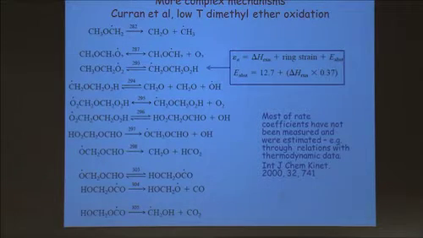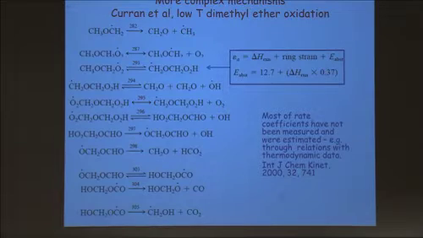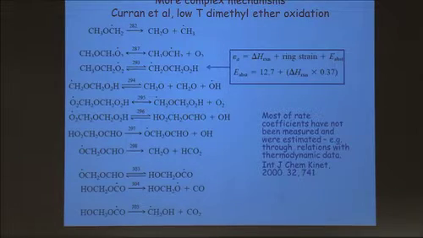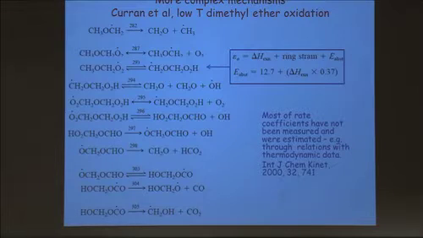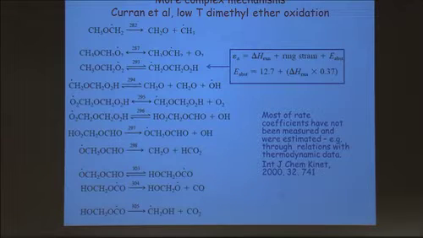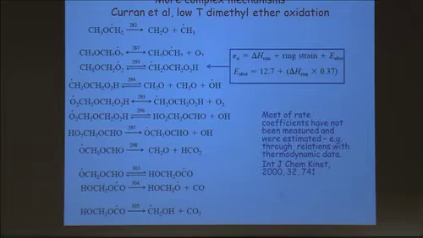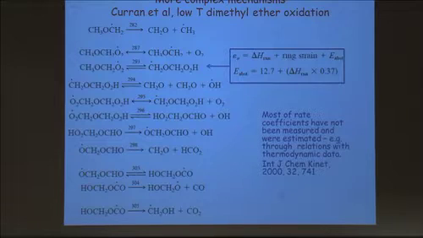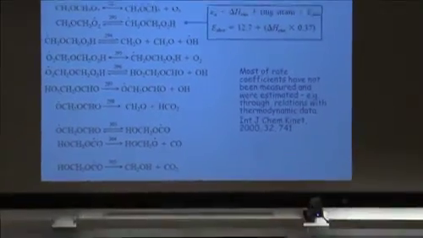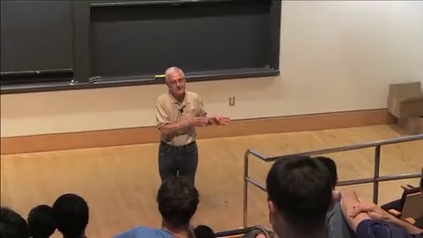This mechanism gives a pretty good description of what's going on in macroscopic systems, looking at ignition delays, looking at NTC behavior, so negative temperature coefficient behavior. And that's partly because there's been a certain amount of tuning of some of these rate parameters. And so in terms of being a mechanism which gives a reasonably good description of a range of processes, it's not nearly so fundamentally based as the hydrogen-oxygen reaction system we were talking about.